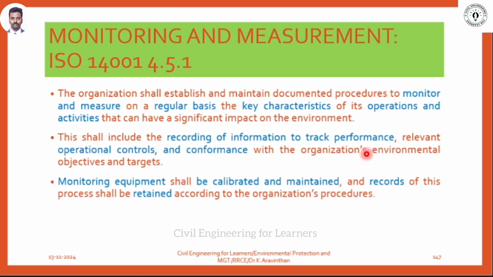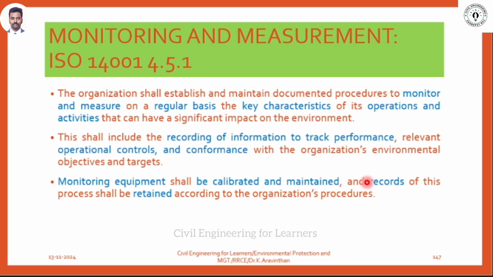In further slides I will explain that the monitoring equipment shall be calibrated and maintained. Every equipment shall be calibrated. Some standard values will be there. Imagine some instruments are not working properly. Example, a weight machine. When you are standing on the weight machine, it has to show the exact weight.